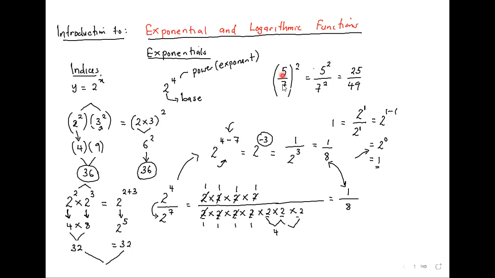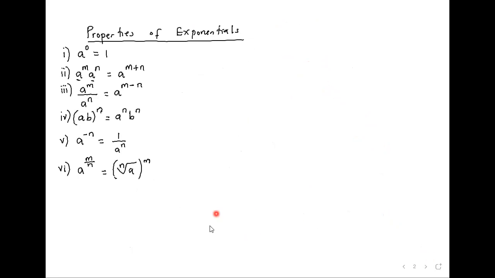So you also see that if the bases are different and the power is the same, we can also split like that. And we've seen that 2 to the power 0 is 1, and this is where it's coming from. So that's how we get all these things here. So these are the properties that we need.